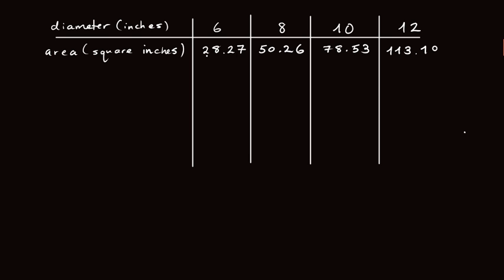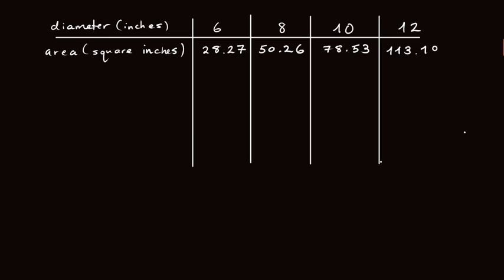For the 6-inch pizza, I get an area of 28.27 square inches. For an 8-inch pizza, it's 50.26. For a 12-inch pizza, it's 113.1 square inches, which of course is much larger than twice the 28.27, making it a better deal.